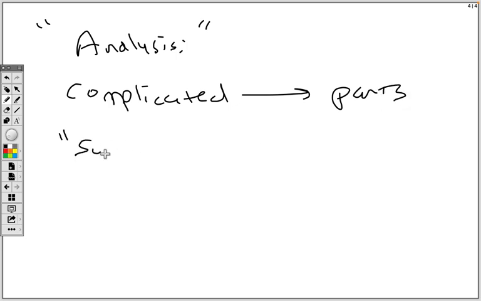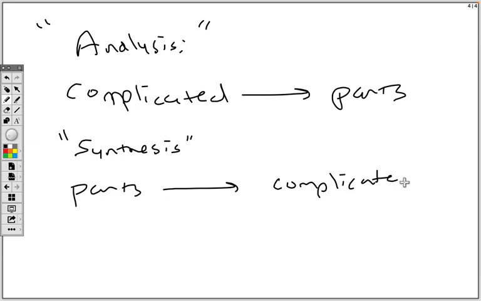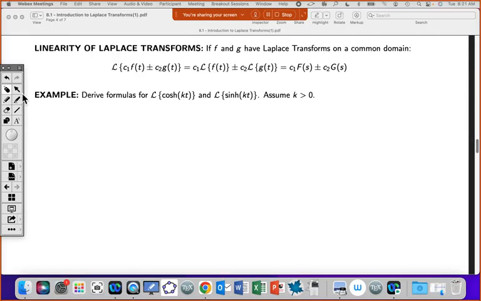And then there's synthesis, which is when you take those parts and put them back into something complicated. That's one of the big themes in math. So we know how the Laplace transform acts on these basic parts. Now we're going to see how we can put those parts together.